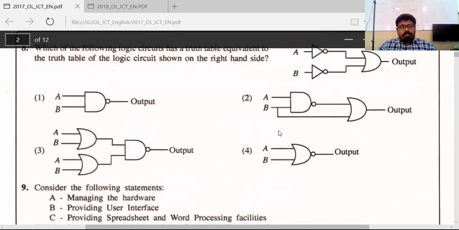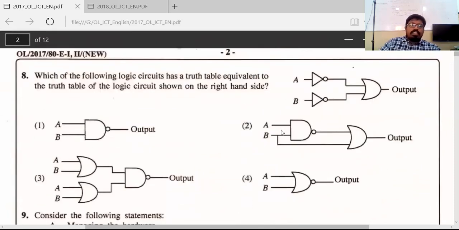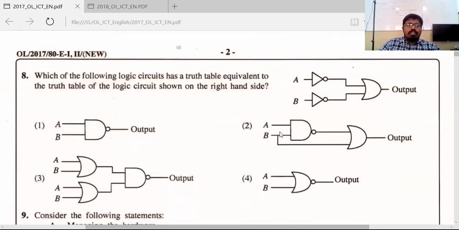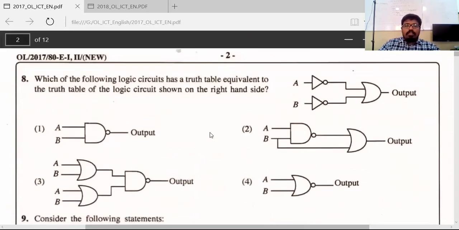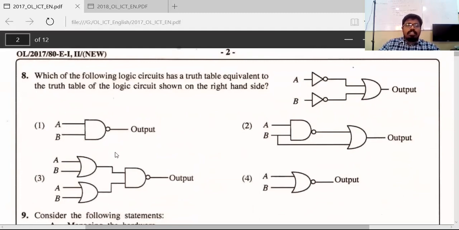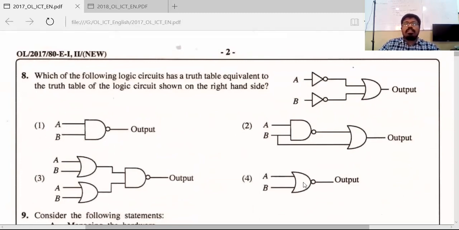Question number 8. Which of the following logic circuits has a truth table equivalent to the truth table of the logic circuit shown on the right hand side? Right. So here we are having a logic circuit, and we are going to find the equivalent logic circuit from the following 4. Right. So first I will consider the right side logic circuit.